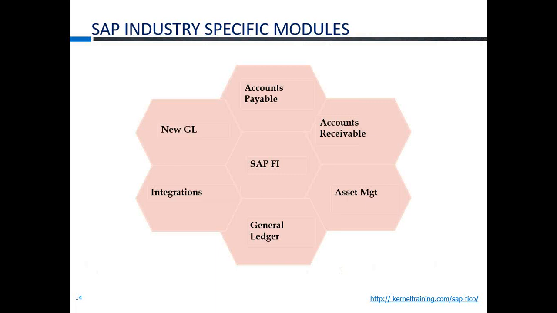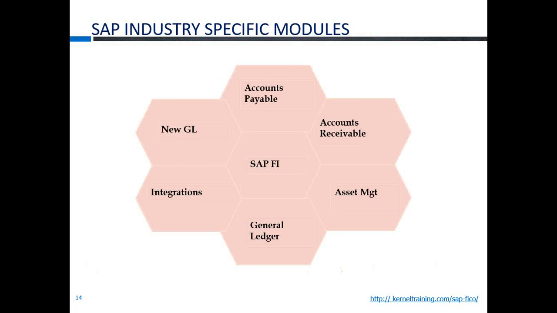And next is your new GL. New GL is very much expected and in demand in the market now. For example, nowadays none of the companies are in one place; they have so many places. Say you have a company called A in India, and this company A has branches called B in UK, C in Singapore, and D in US.